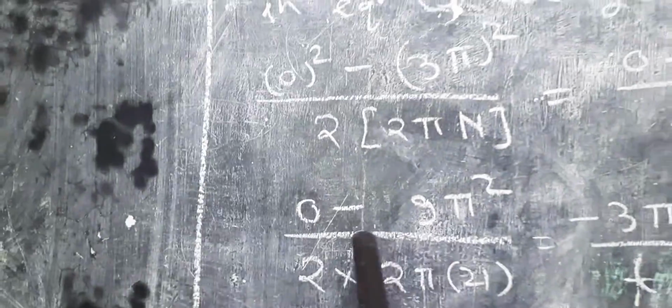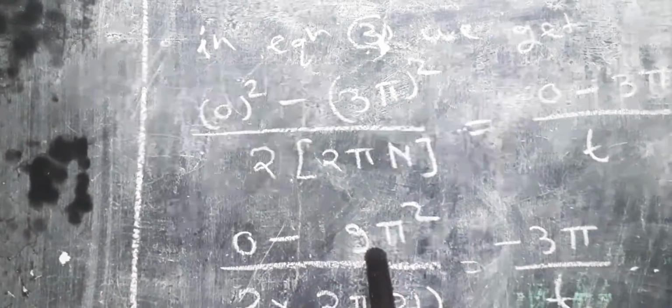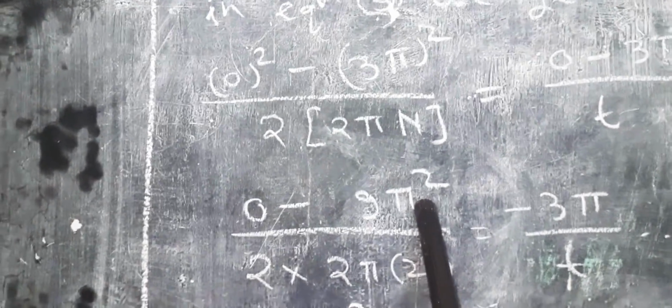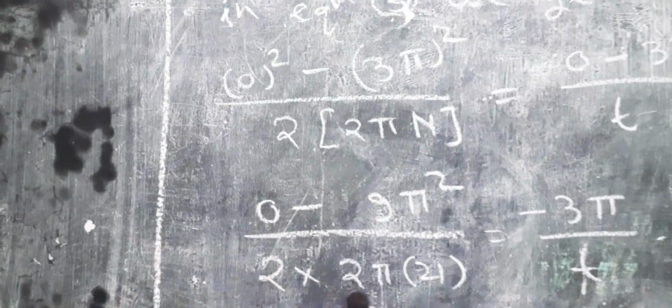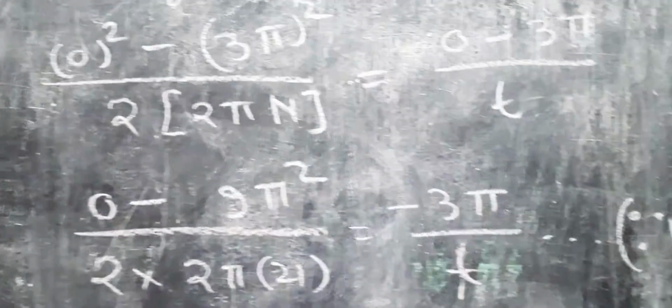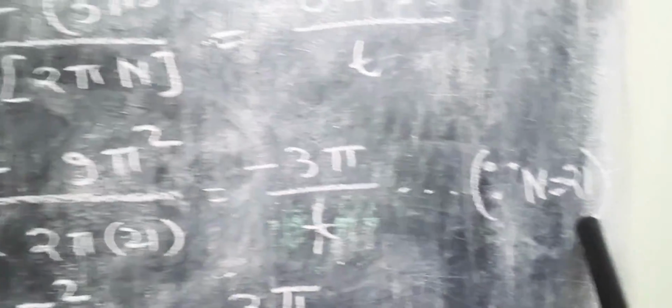So we get 0 minus 9 pi square, 3 square is 9, pi square as it is, divided by 2 into 2 pi into 21. Why 21? Because capital N, that means number of revolutions, is equal to 21. It is given to us.